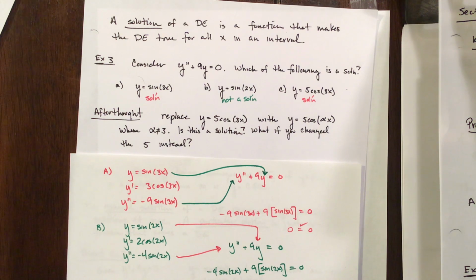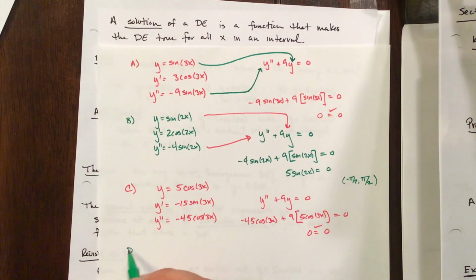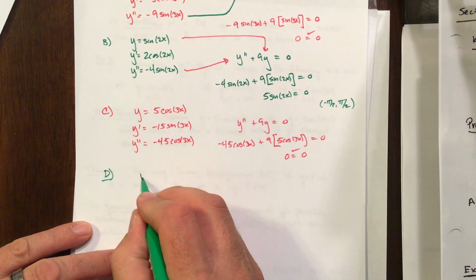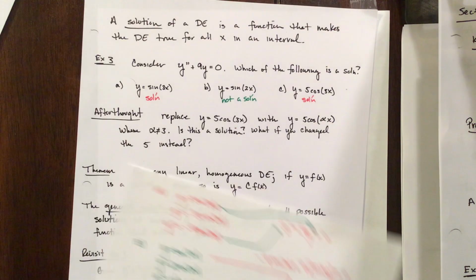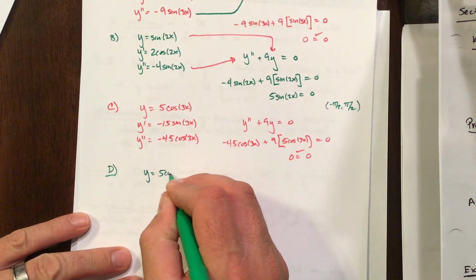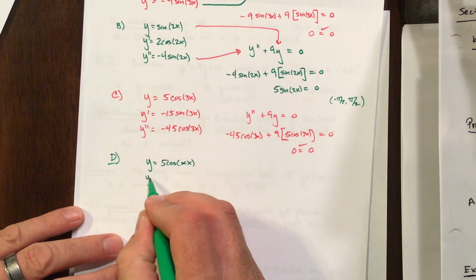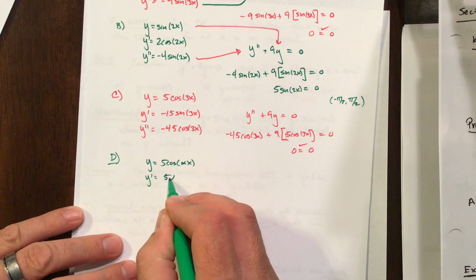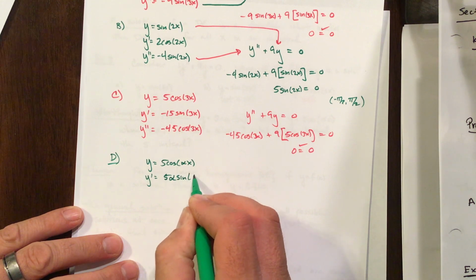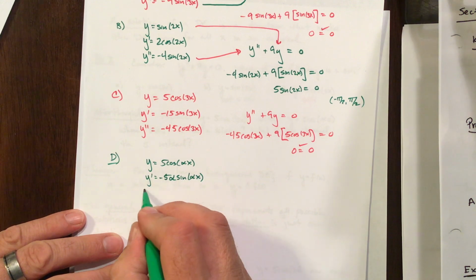Is this a solution? Let's do that. Y equals 5 times the cosine of alpha x, so alpha is some parameter here. Y prime is minus 5 alpha sine alpha x. I know I was missing my negative.